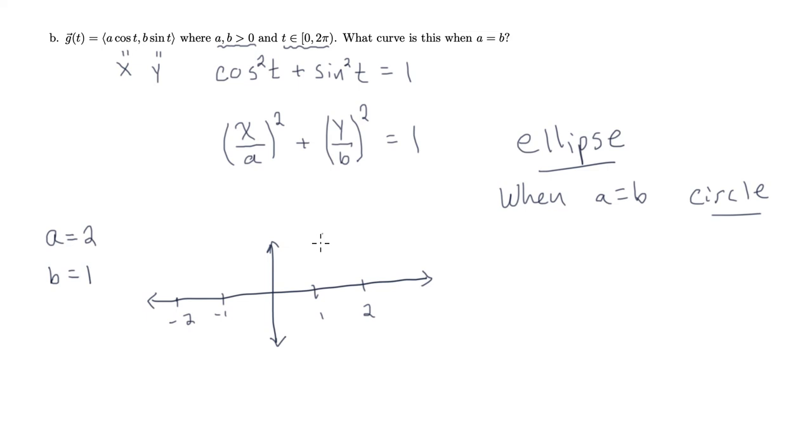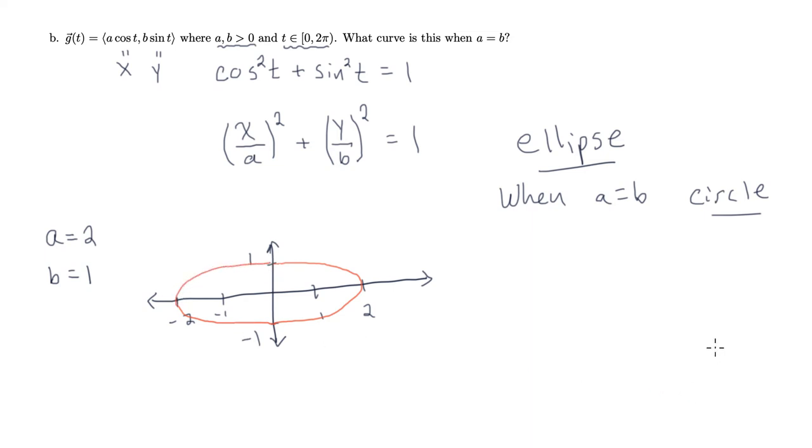And then b is 1, that's like my y radius. That's 1 to minus 1. And then our curve is this ellipse that I'm going to try to carefully draw, not too poorly, like this.